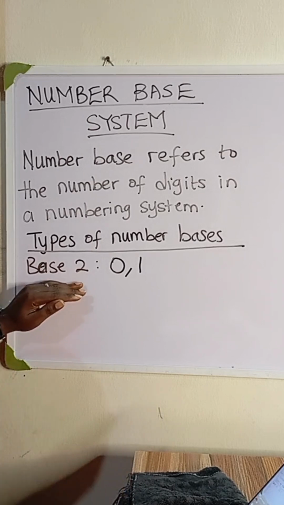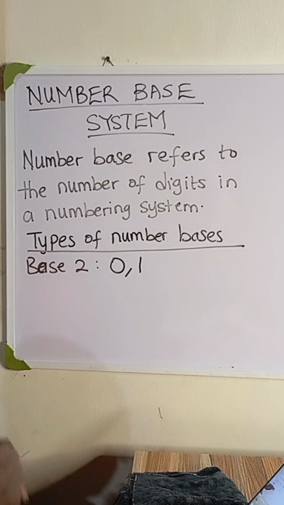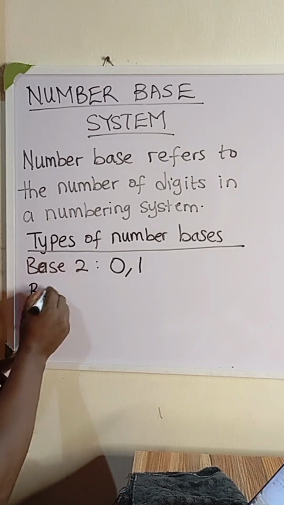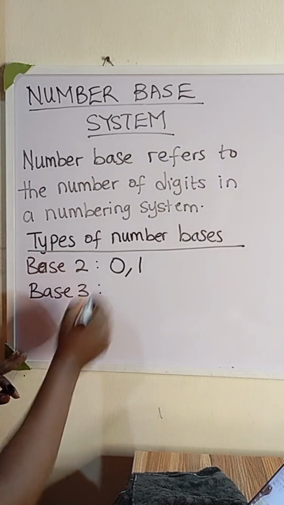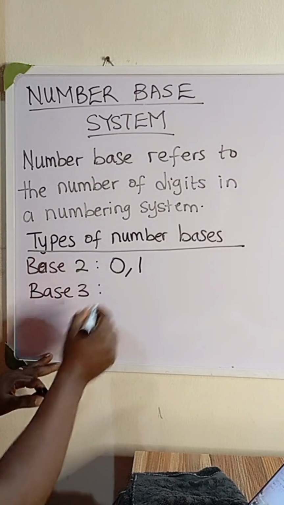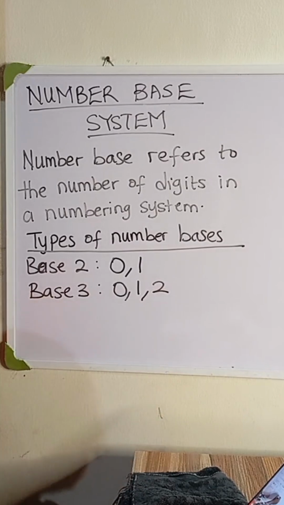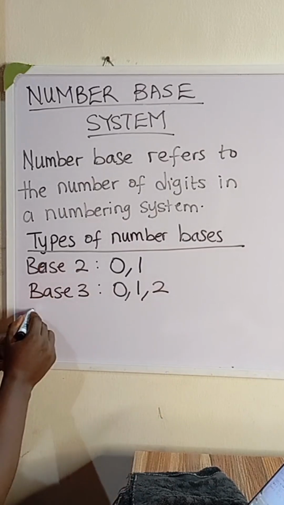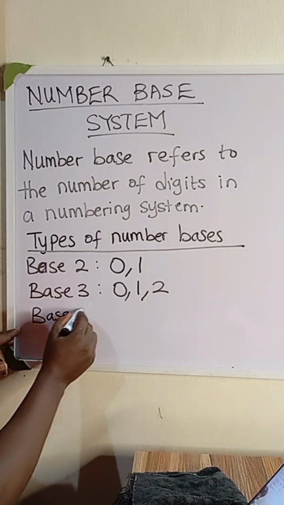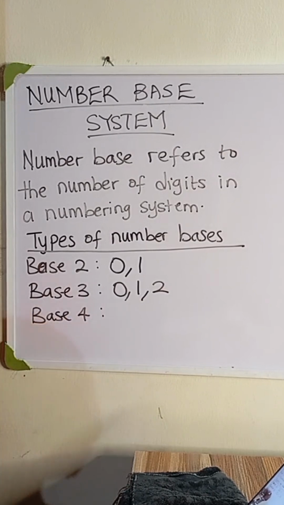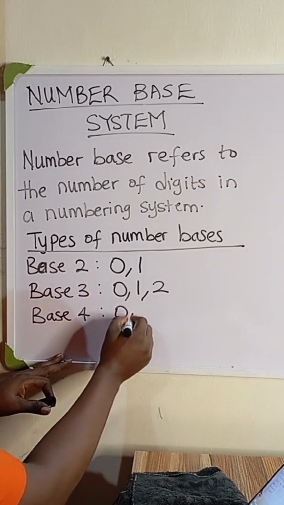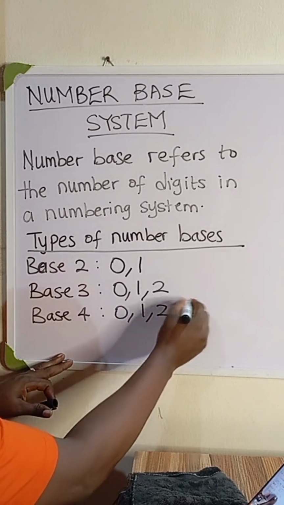Okay, so we have base 2, which consists of 2 digits. We have base 3, consisting of 3 digits, 0, 1, and 2. We have base 4. Base 4 consists of 4 digits, starting from 0, 1, 2, and then 3.